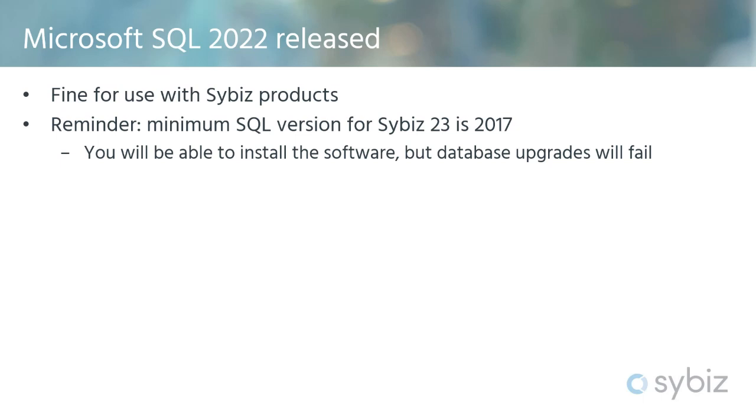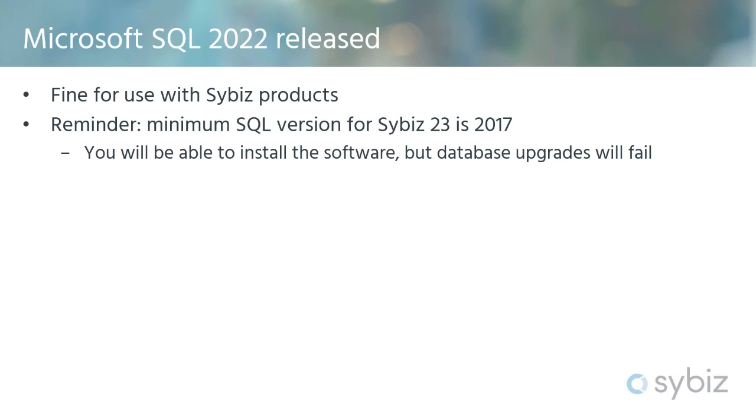So if you are on a lower version, you'd be wanting to hold off on upgrading your Sybiz software just at the moment, because you will need to get your SQL server upgraded, and we do recommend that you go to Microsoft SQL 2022 as it's just been released, and it'll give you that longer future proofing of when we upgrade the minimum versions again down the track. You'll have a longer period of time remaining on that now current version.